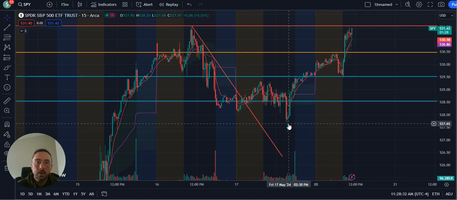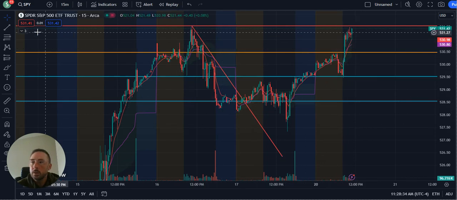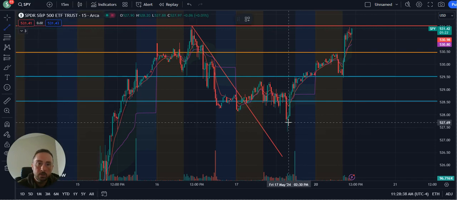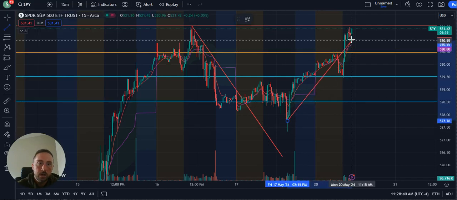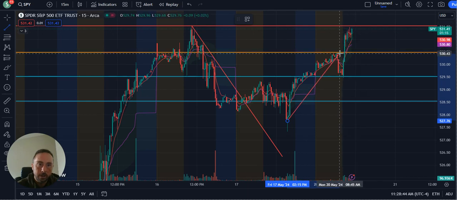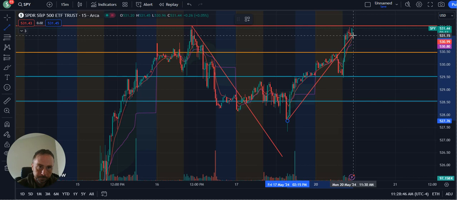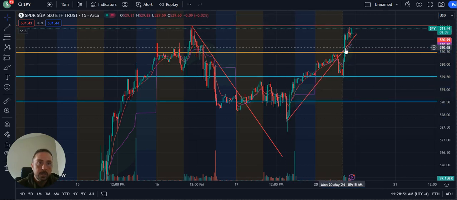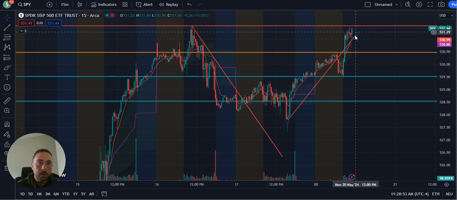If we were to form this trend line again, maybe we'll start from here and go up this way. You can see these candlesticks keep going up on this uptrend.